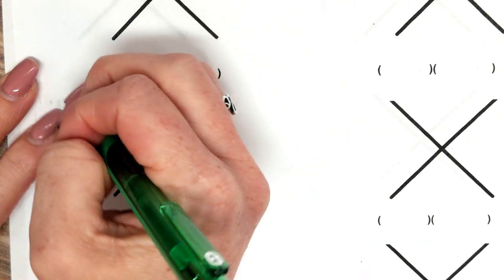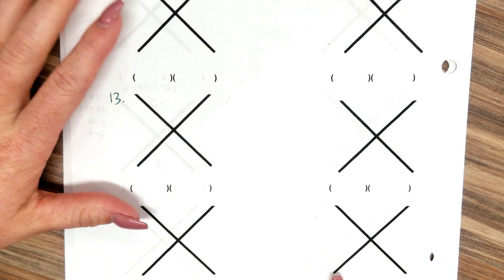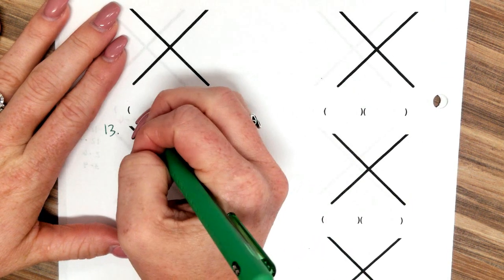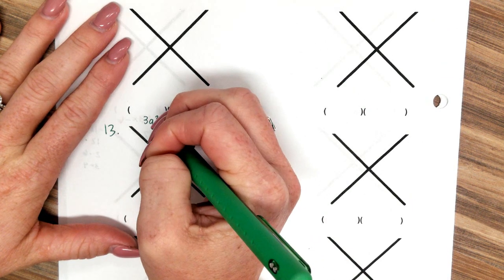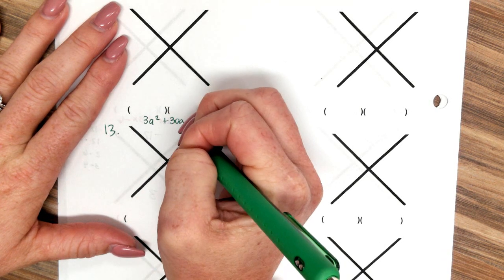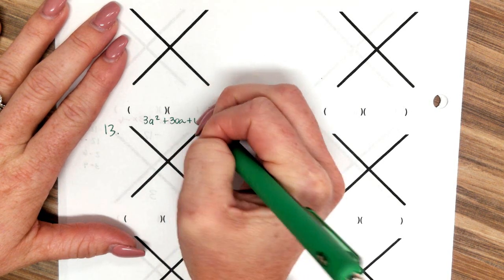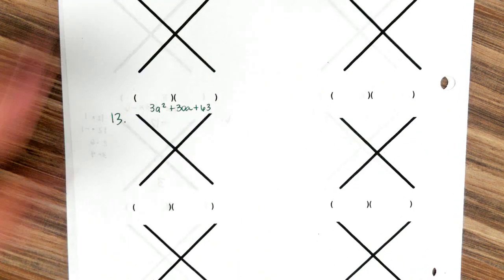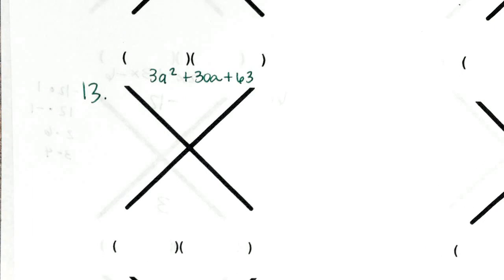So 6, 7, 8, 9, 10, 11, 12. Here's 13. Number 13 is 3a squared plus 30a plus 63. Now, I didn't have one of these on the notes, okay?